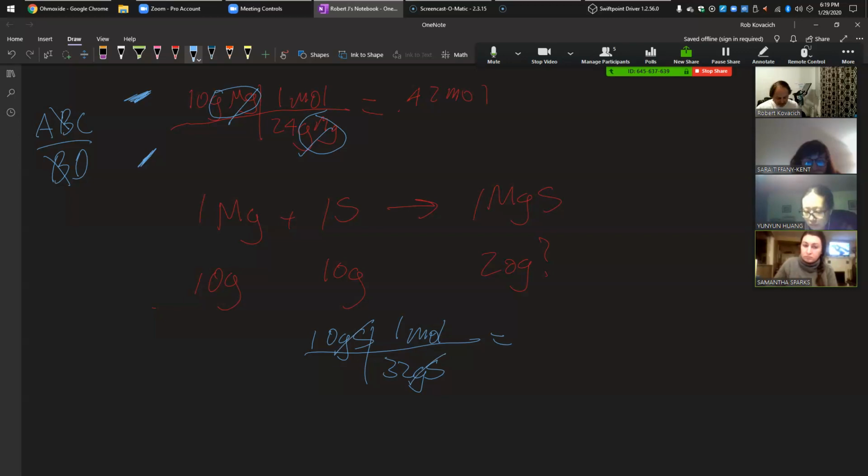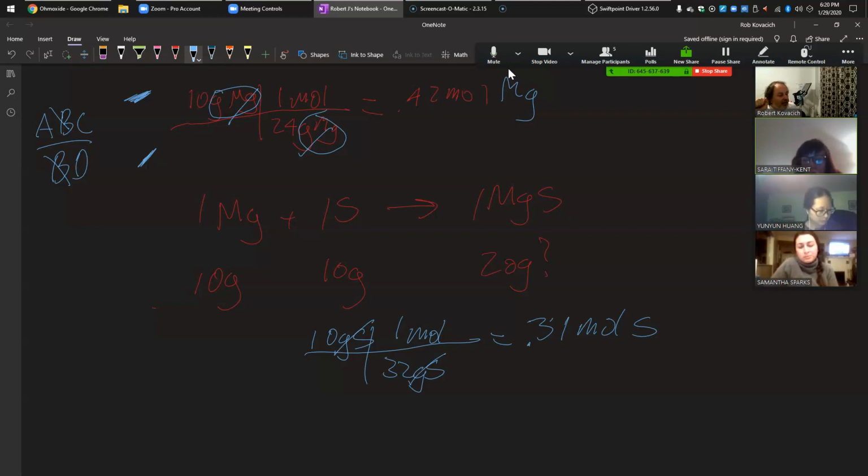So what's 10 divided by 32? 10 divided by 32 is 0.31 moles of sulfur. And this was moles of magnesium. So what did this just do for me? It took my mass and counted it. That's what I need to know.